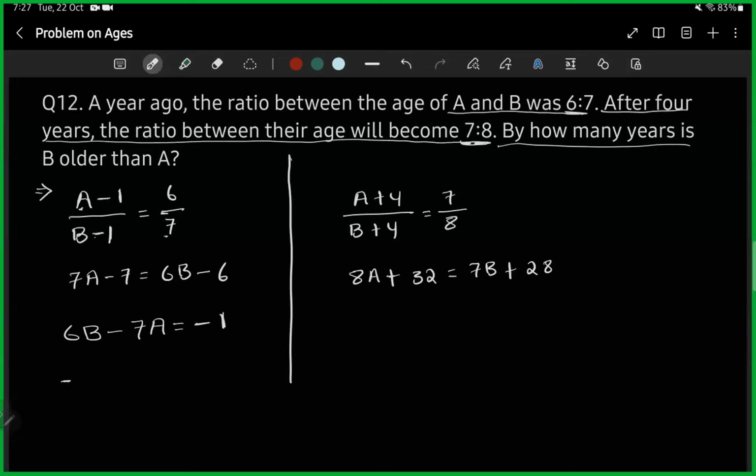Keeping the numbers on the left hand side, minus 7, so taking this minus 6 into the left hand side will become plus 6 equals, and then 6B on the right hand side, and then 7A you take it to the right hand side, becomes minus 7A. So see, I'm just switching the side, taking all that is in the right hand side to the left hand side, and then all that is in the left hand side to the right hand side.